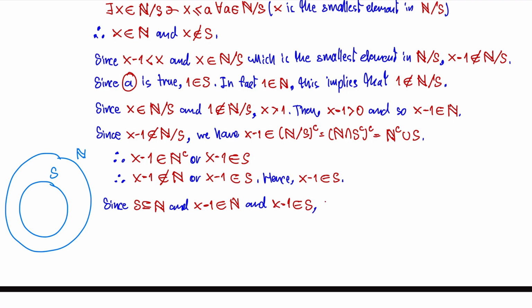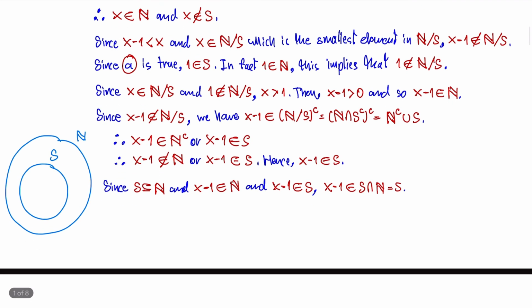It implies that X minus 1 is in the set S intersect the set of natural numbers. And since S is a subset of the set of natural numbers, this intersection becomes just set S. This means that X minus 1 is in set S. Okay.